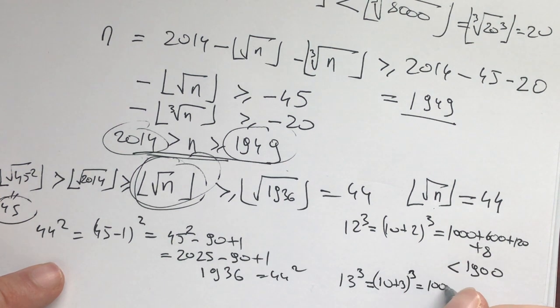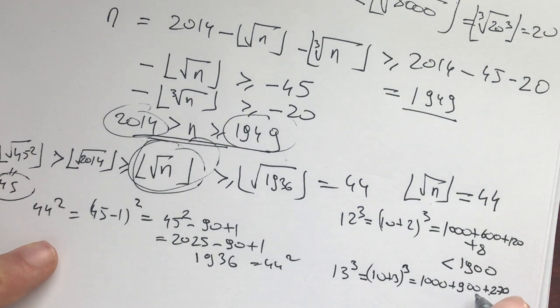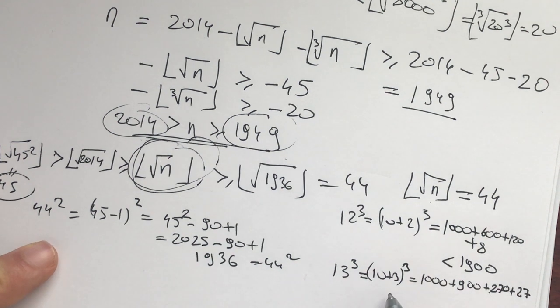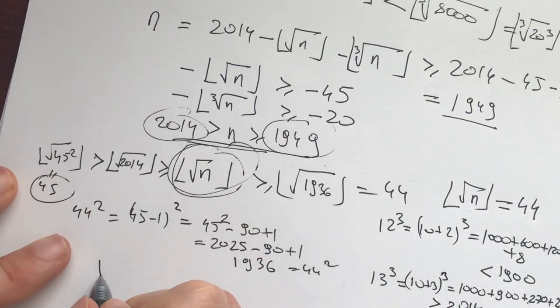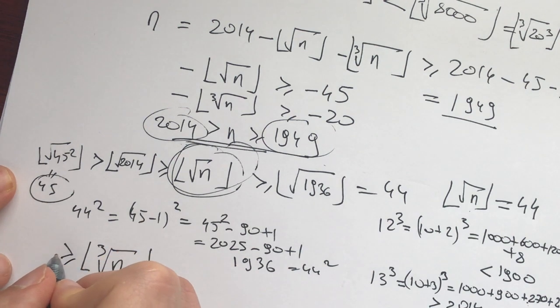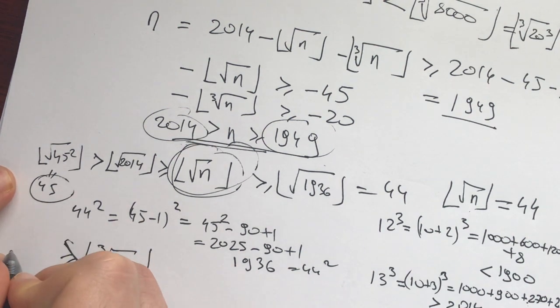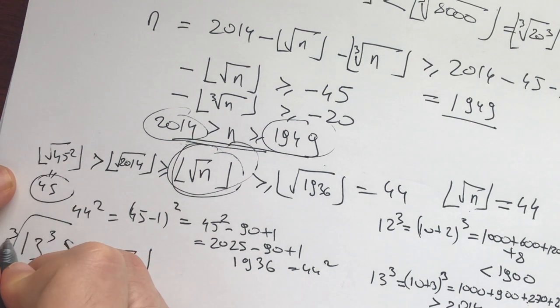And this is 1,000 plus 900 plus 270 plus 27. And this thing right here is greater than 2014. So now we know that the floor of the cube root of n is strictly less than 13.